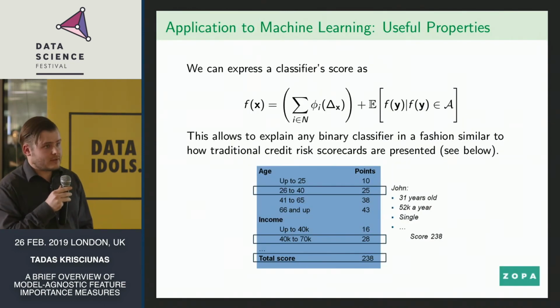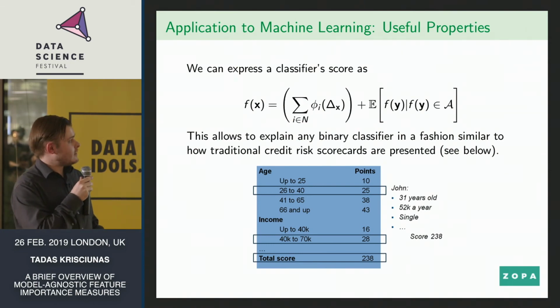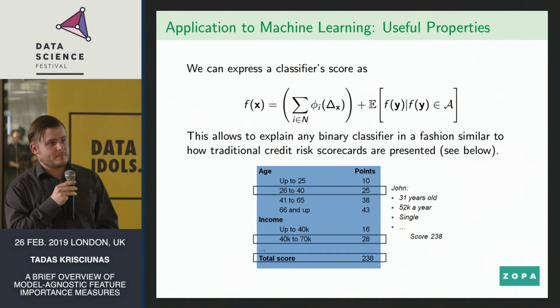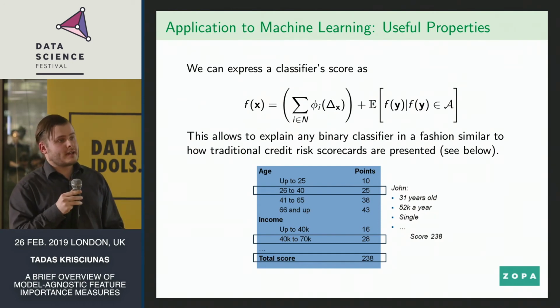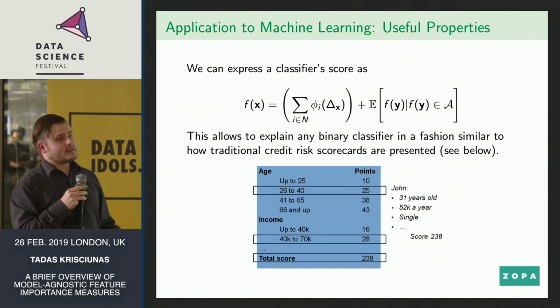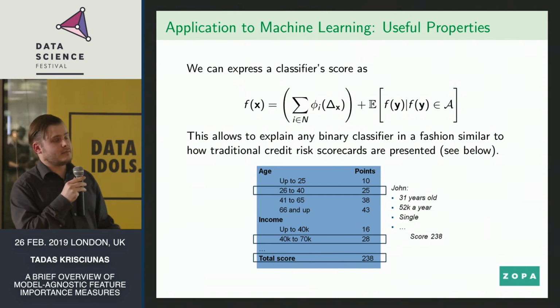So, having defined what Shapley value feature importances are, we can then look at some of the useful properties of them. First of all, we can express the model score at a given data point as a sum of feature contributions and a bias term, let's say.